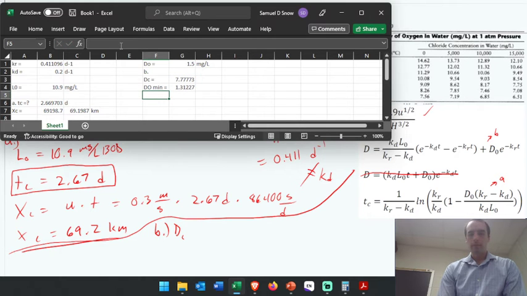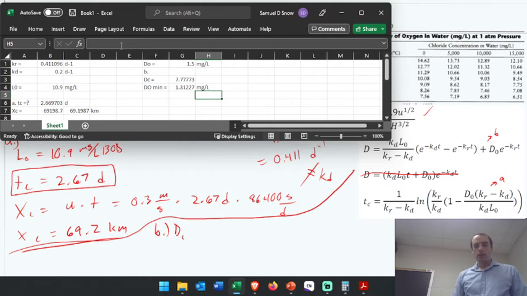Okay, so in this case we had a biological oxygen demand of 10.9 milligrams per liter, and that deprived the water pretty significantly 2.5 days downstream. So the impact here is 70 kilometers away. We had a nearly depleted oxygen supply in the water.